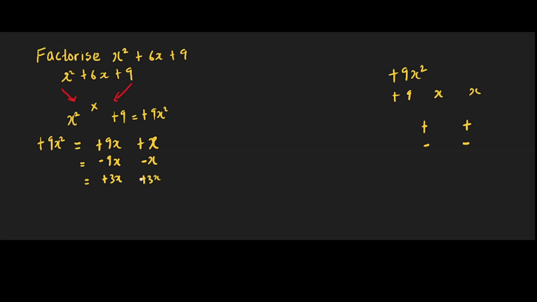Plus 3x times plus 3x is going to give us a plus 9x squared. We can also have a minus 3x and minus 3x. All these will give us plus 9x squared. These are the factors of plus 9x squared, but which of these factors are we going to make use of? We are not going to make use of all these factors here.